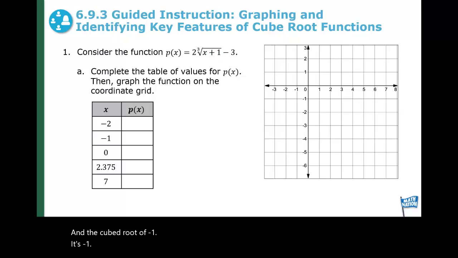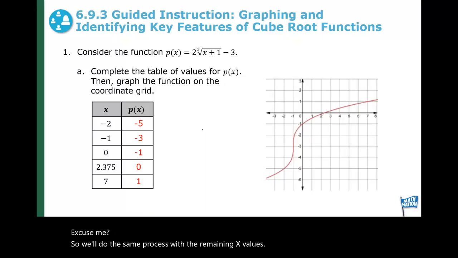And -1 times 2 gives us -2. -2 minus 3, this should be a -5. So we'll do the same process with the remaining x values.